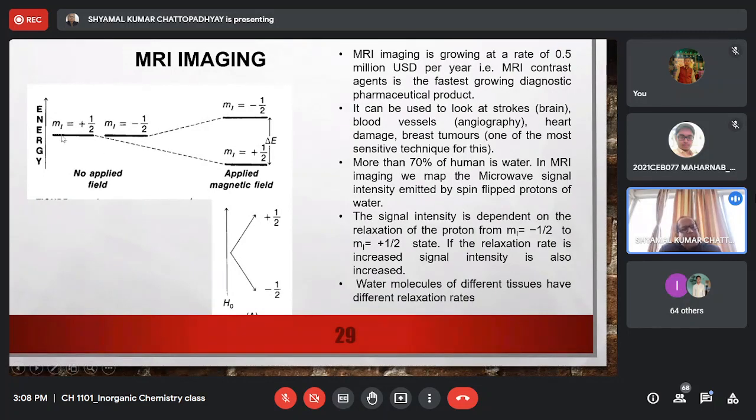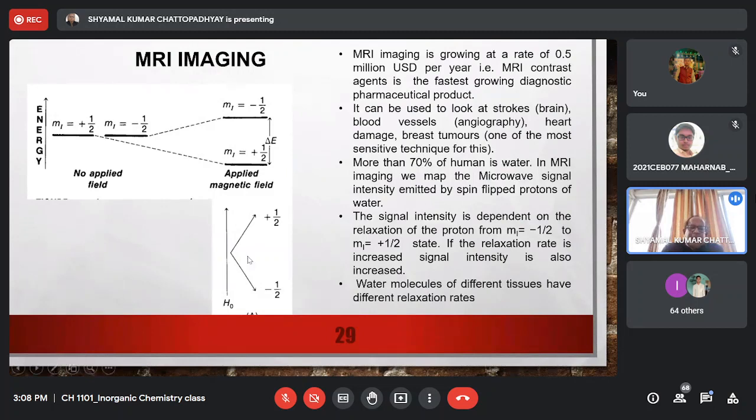Now, when you have no external magnetic field, these two orientations have no meaning. So obviously, mI equal to plus half and mI equal to minus half have identical energy. But when you apply a magnetic field, plus half corresponds to alignment of the nuclear magnetic moment along the external magnetic axis, so this creates a situation which has lower energy.